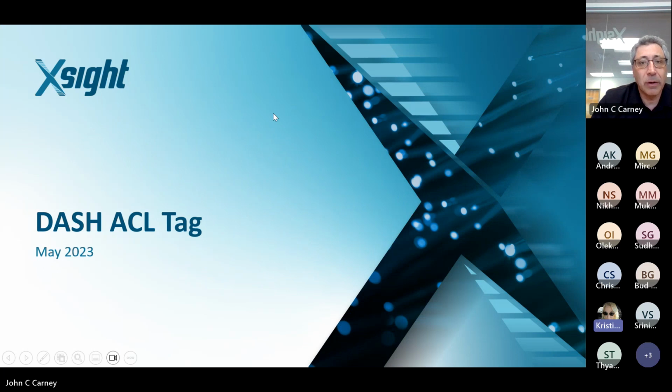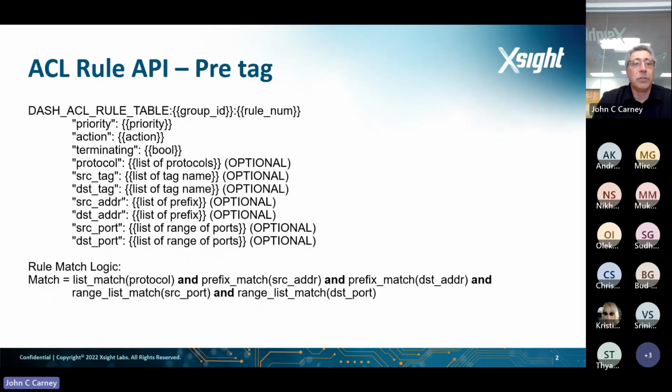I can. Okay. So at first, I just want to talk about what the current ACL rule API was before we added tags. Sorry, this still has the tags in there. See, I told you my slides weren't that good.